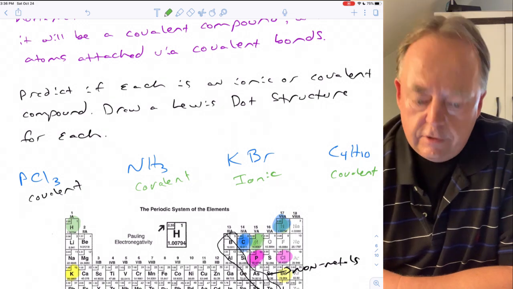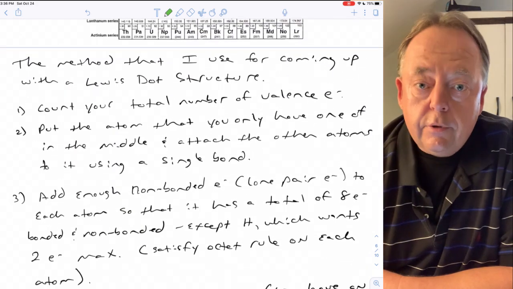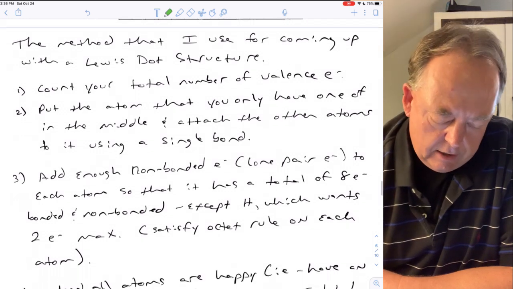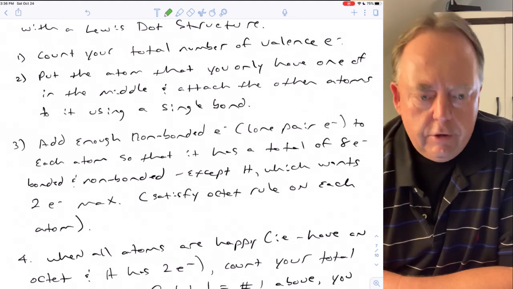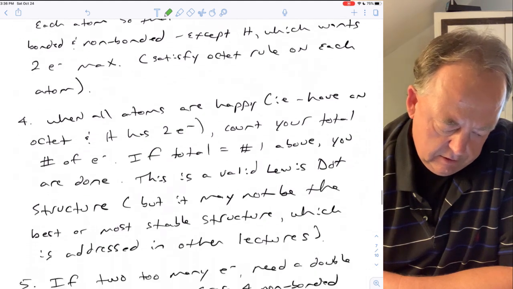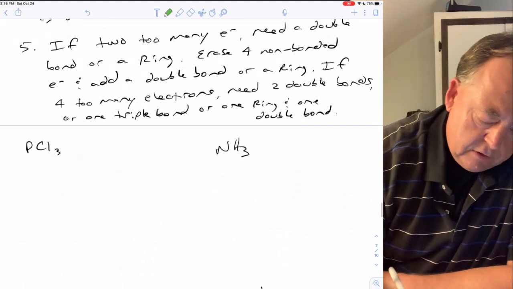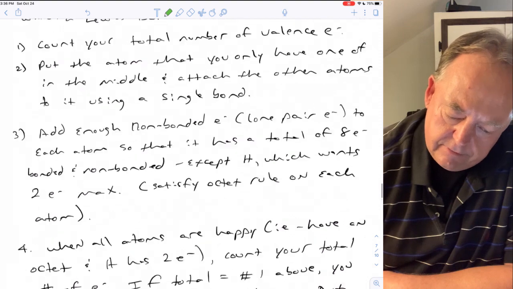Okay, so let's draw a Lewis structure for each of these. This is the method that I use for coming up with the Lewis dot structure. So we'll go through this as we draw these molecules. We're going to count the number of total valence electrons first. So phosphorus has 5. It's group 5 in the periodic table, right?